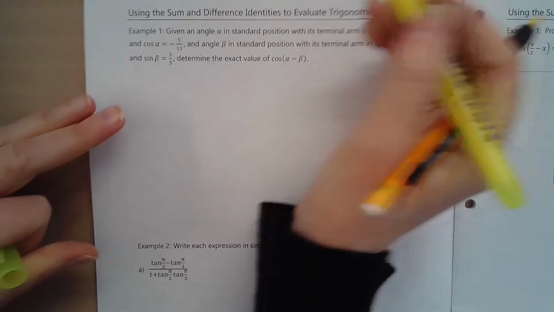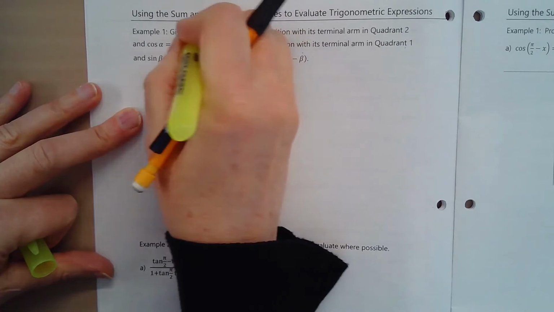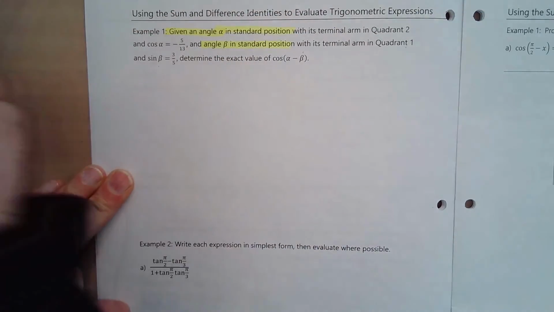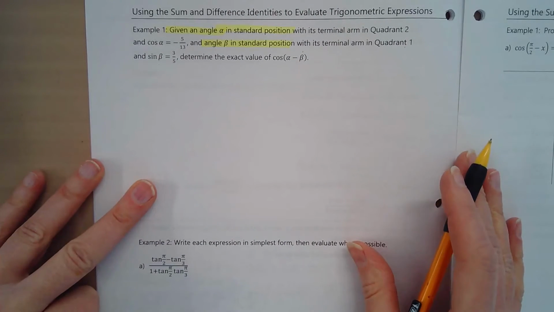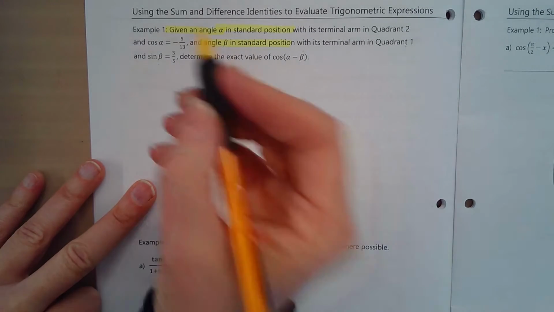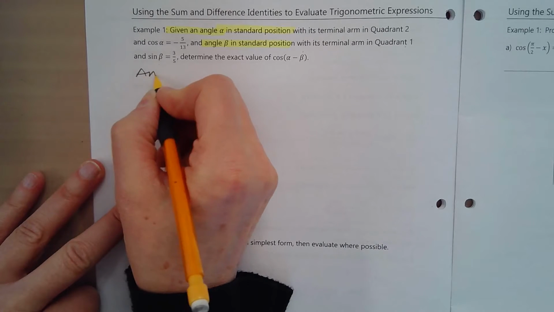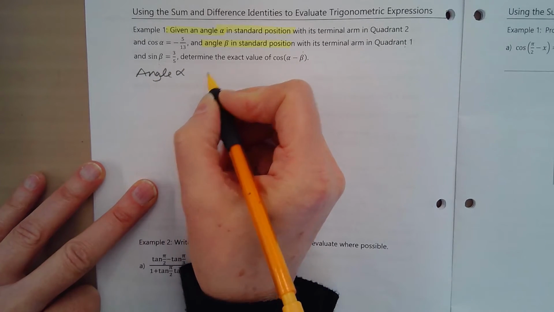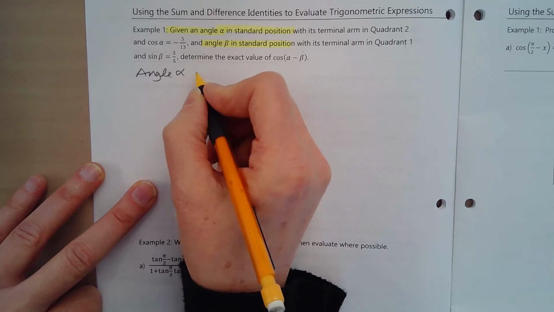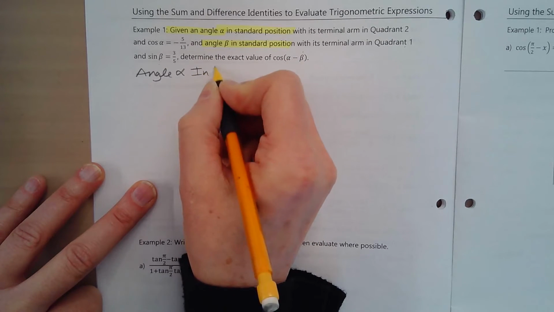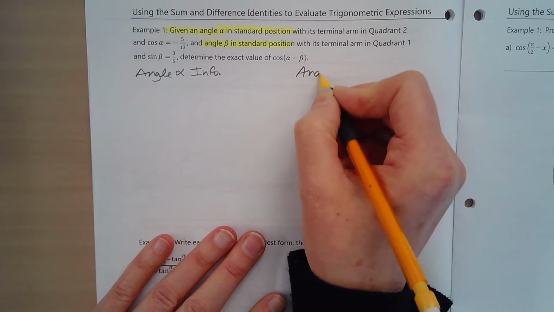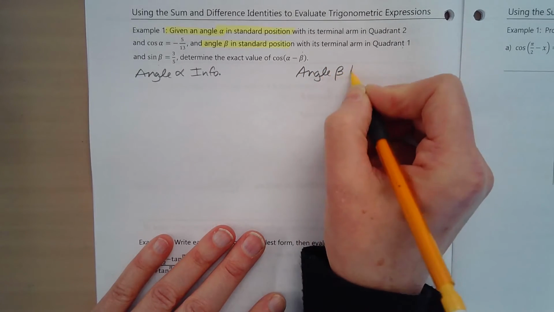So we have angle A and angle B. Angle A is in standard position, angle B is in standard position, so I have to keep my info separate. Here's my angle A, using the Greek letter, and I'm also going to have angle B info.